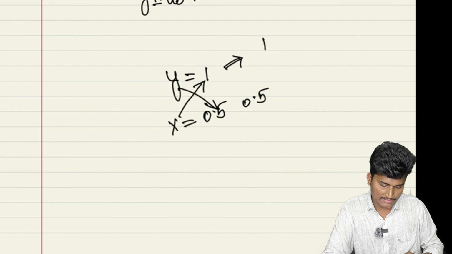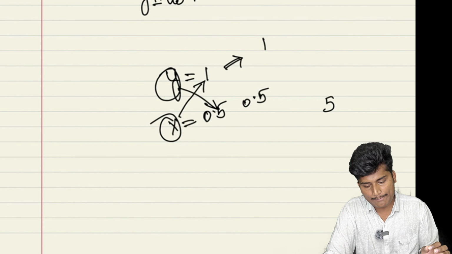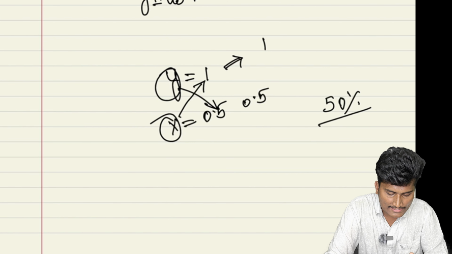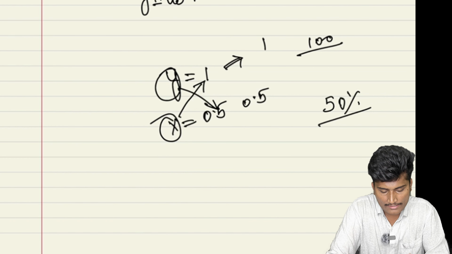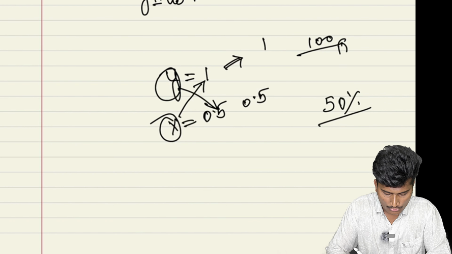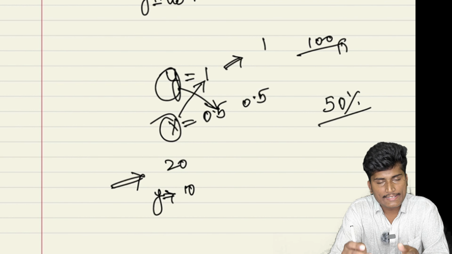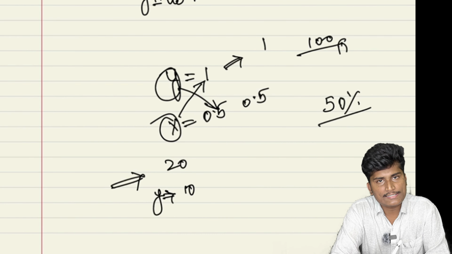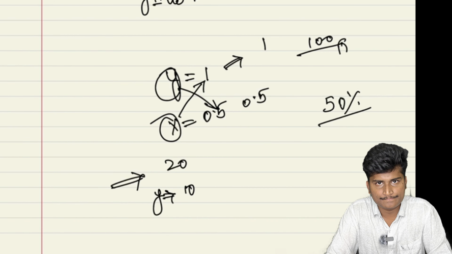So y is dependent on x by 50%. This means that if x is increased by 100%, y will be increased by 50% of that. If x is increased by 20, y will be increased by 10. Like this, when we represent an equation in a graph, we will be able to understand the correlation between each and every term in the equation.